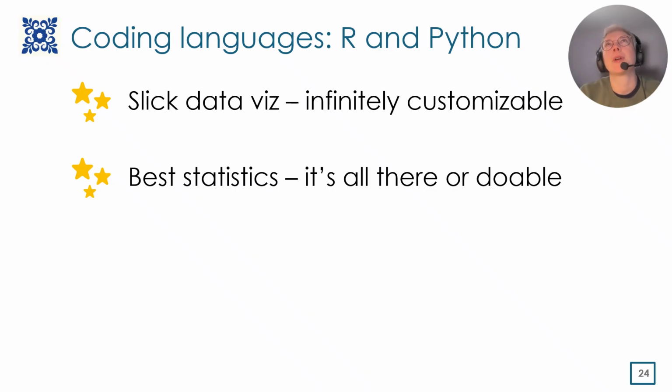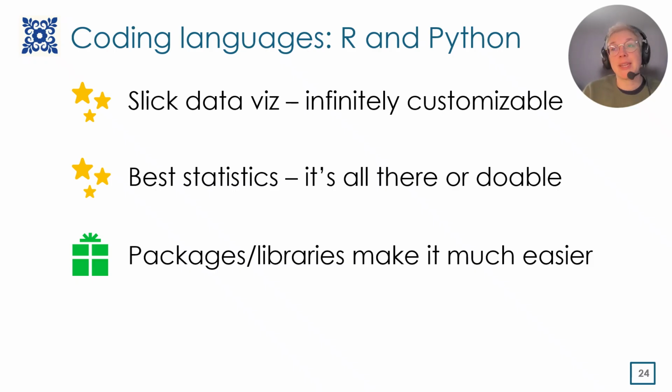Well, no, that's not true. I mean, Prism especially has pretty great statistics. But R and Python are unbeatable because it's all there or it's doable, right? You can manipulate the data however you want. So yeah, pretty much unbeatable in terms of graphic and statistics, although it might take you some time to actually achieve it.